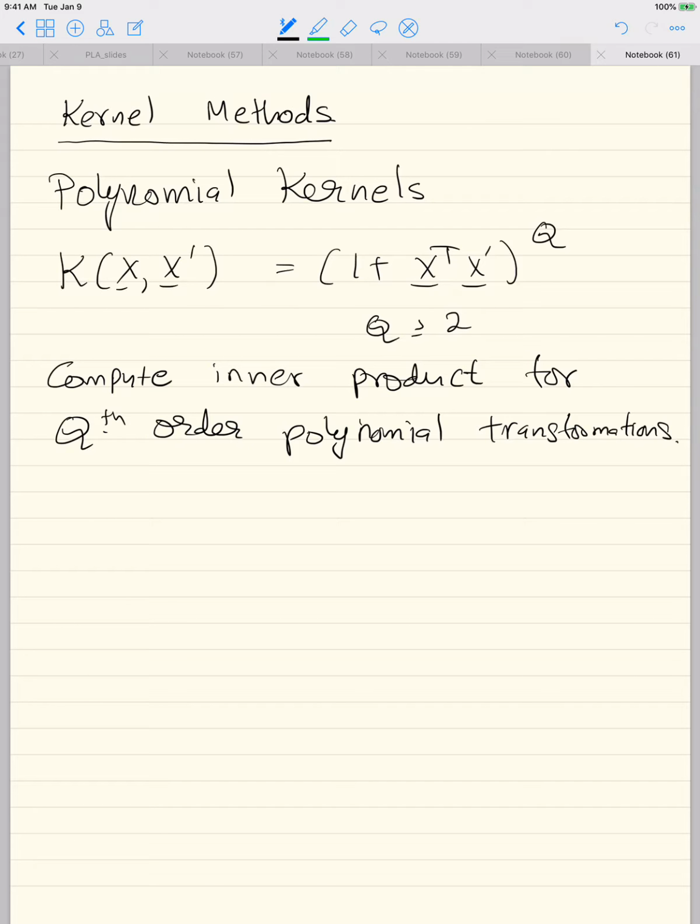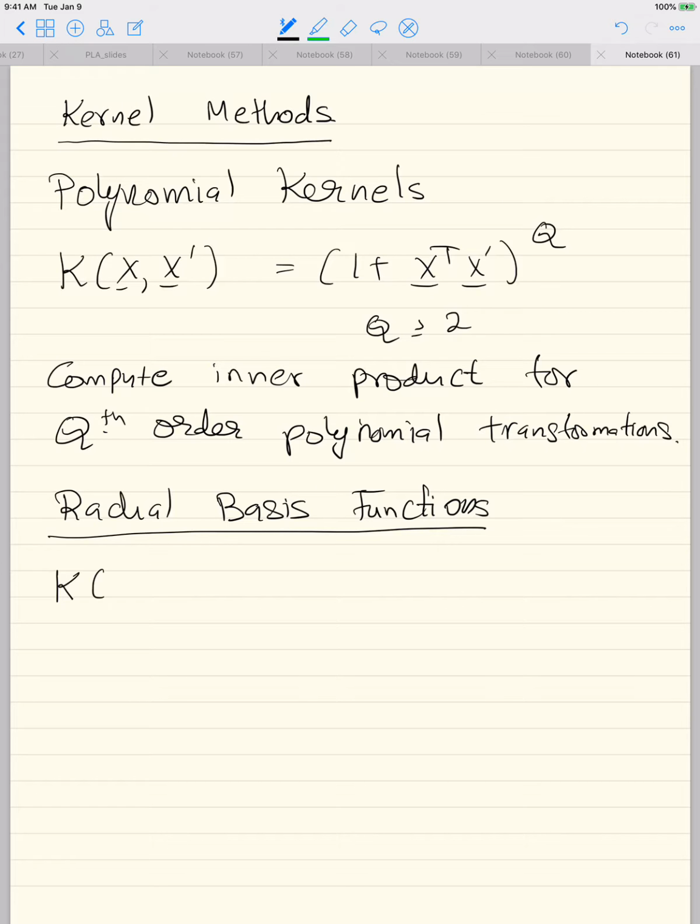However, the most popular kernel method that is used is to use radial basis functions. In radial basis function, the kernel that we use is the exponential function.